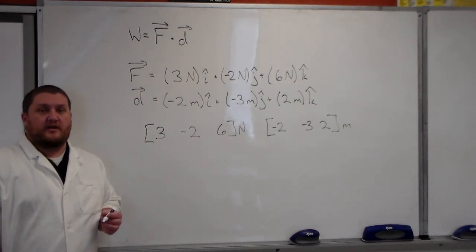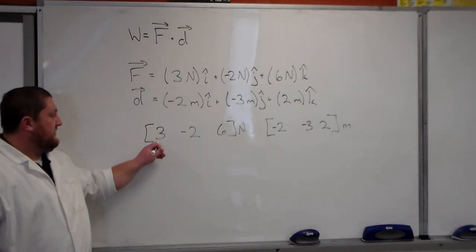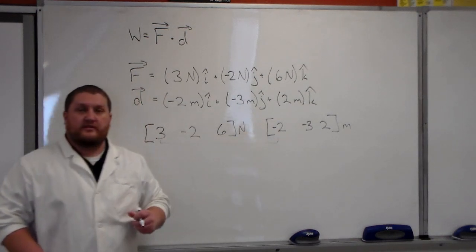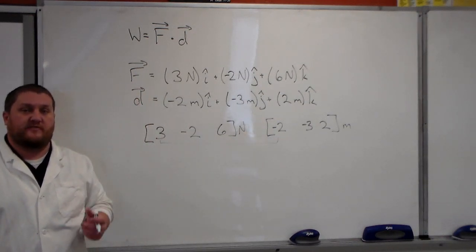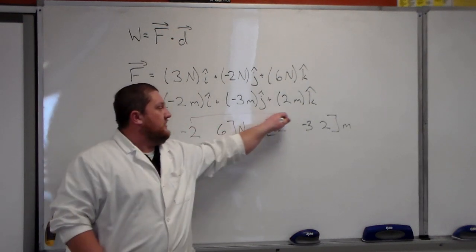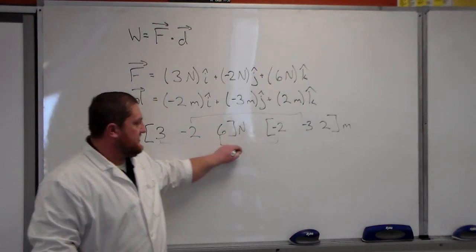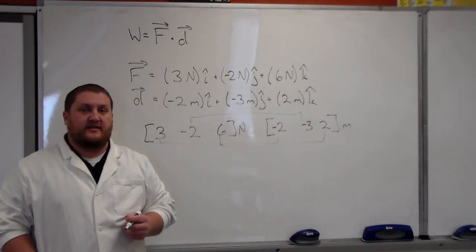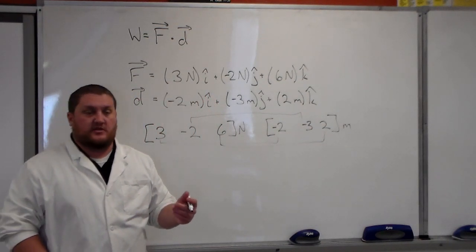To take a dot product, I multiply the same components from each vector. I then add the other components multiplied together. So this is what it will look like.